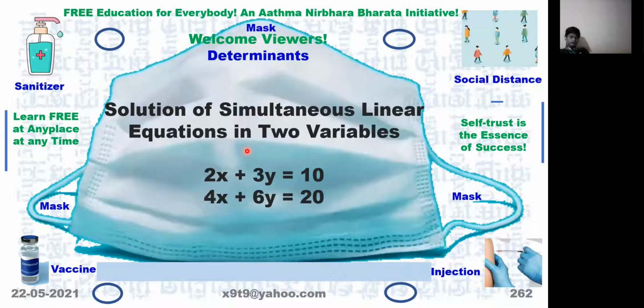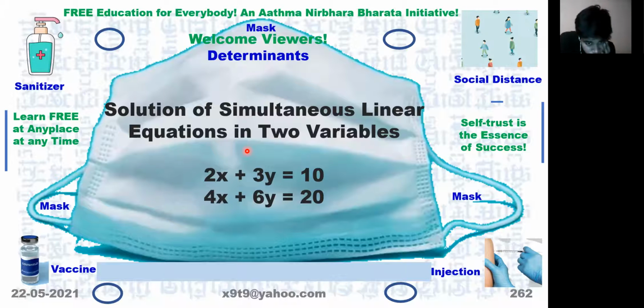Next, you take another problem. 2x plus 3y is equal to 10. 4x plus 6y is equal to 20.